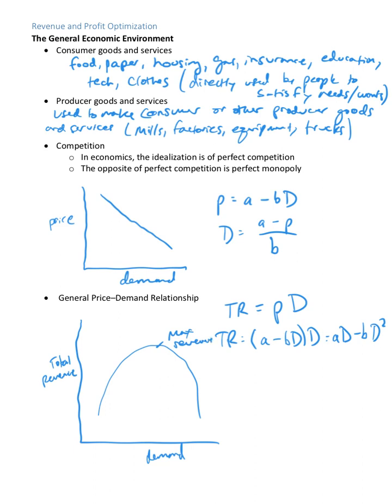And if we want to figure out what that maximum revenue possible is, all we have to do is take the derivative of our total revenue function, set it equal to 0, and solve for the demand that makes that so.